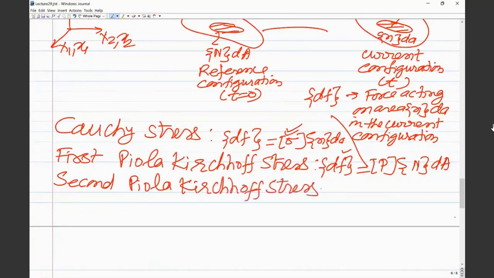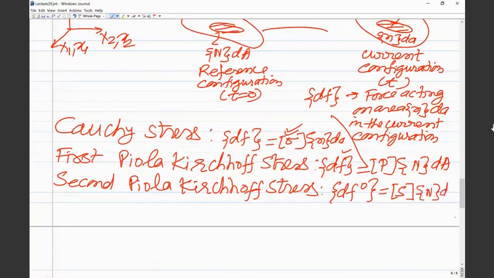In the second Kirchhoff stress, we define the force df over a differential area NDA as pulled back to the reference configuration. Let us say that pulled-back force is df naught, in the reference configuration, equal to the notation I'm using for the second Kirchhoff stress, capital S, into capital NDA.